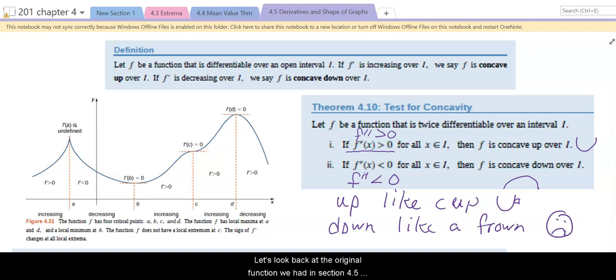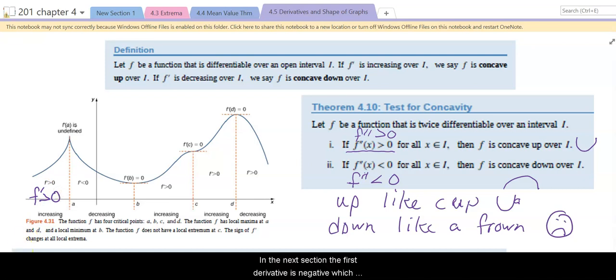Let's look back at the original function we had in section 4.5 and think about the concavity. We still have the first derivative on here, and we notice that at this point, the first derivative is positive because it is going uphill.